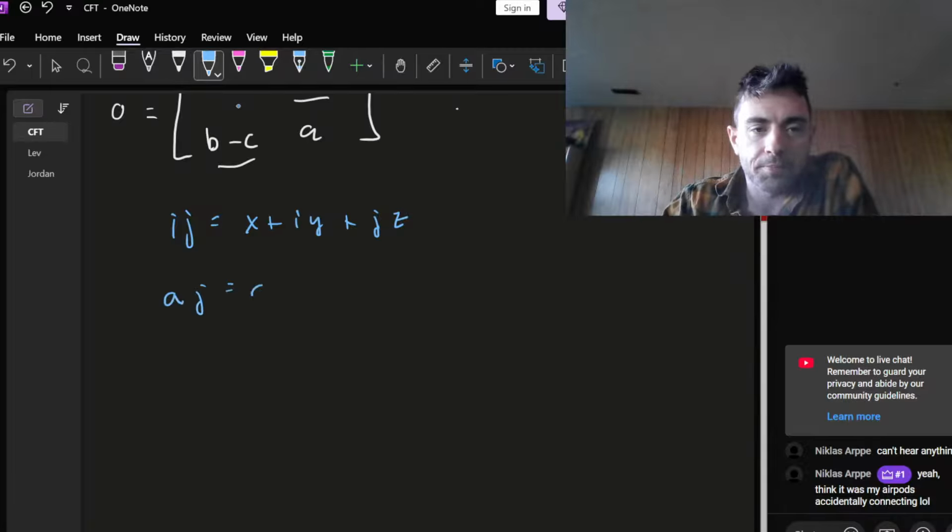And as before, we argued that z can't be 0. If z was 0, everything else would be 0. So we can rearrange, the final solution of the quaternion question.